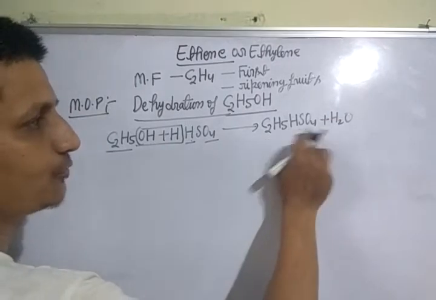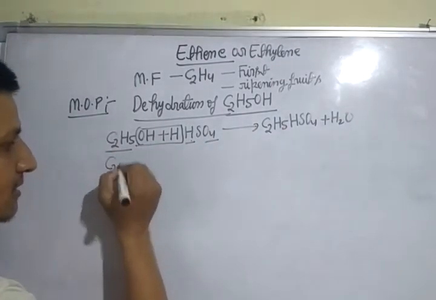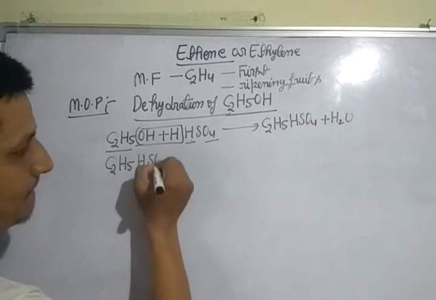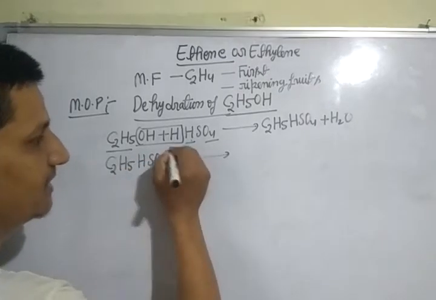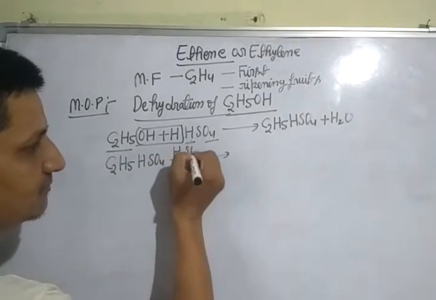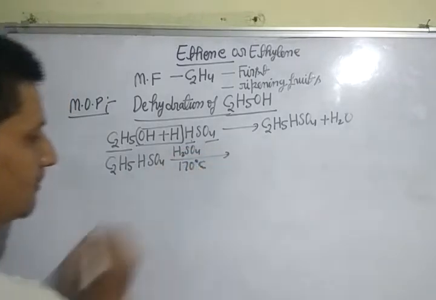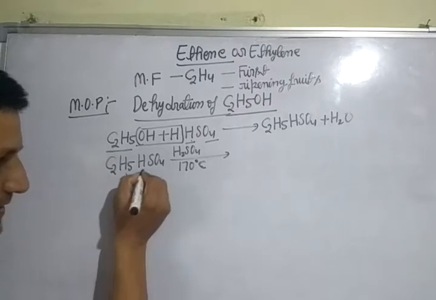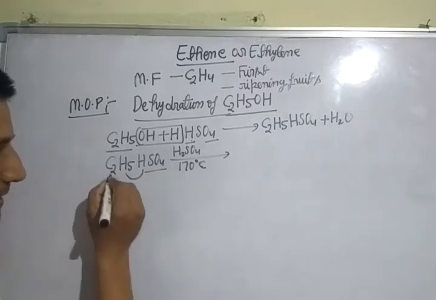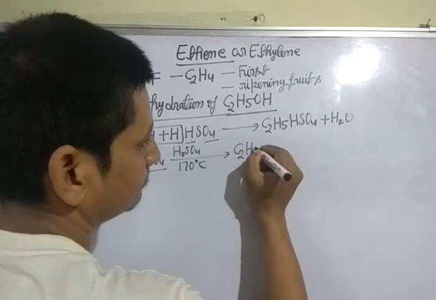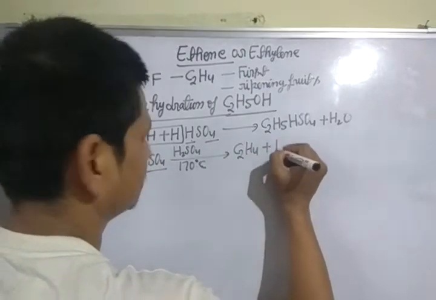After this, ethyl hydrogen sulfate reacts with excess sulfuric acid at 170 degrees Celsius. H combines with this H to give H2SO4 and C2H4 is left. So ethene is formed plus sulfuric acid.